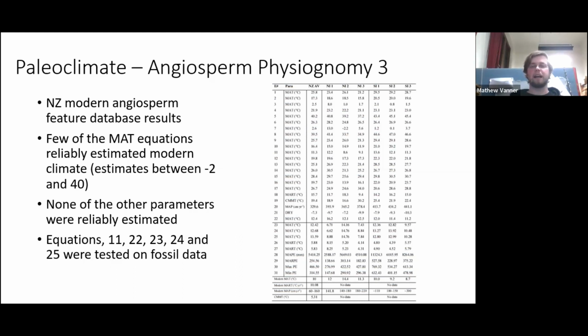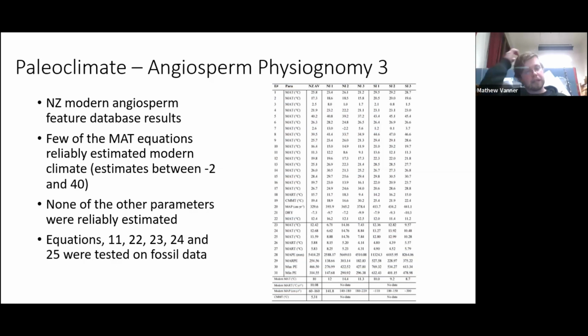So few of those estimations were any sort of reliable, and the equations for anything other than that were even less so. We have a mean annual precipitation estimate of 5,000 millimeters for the entirety of New Zealand. Now, that's about how much rain the West Coast gets in a year in some places.